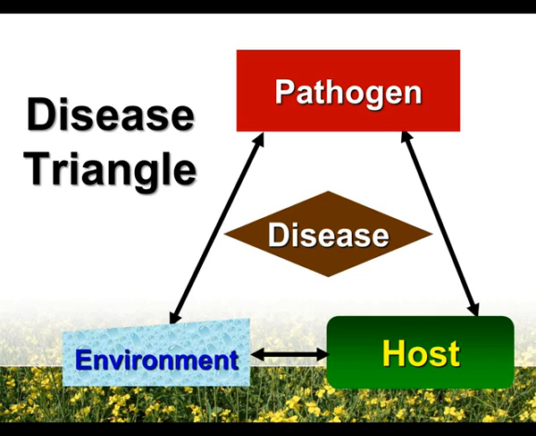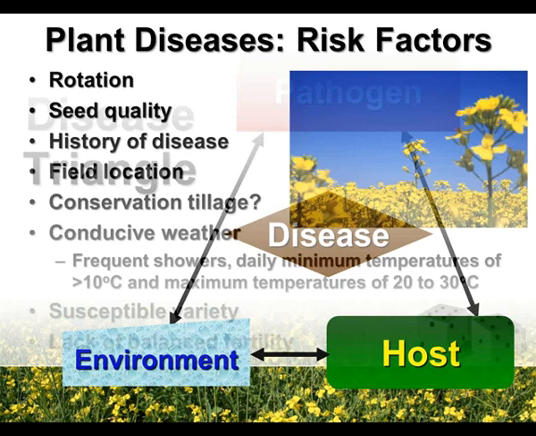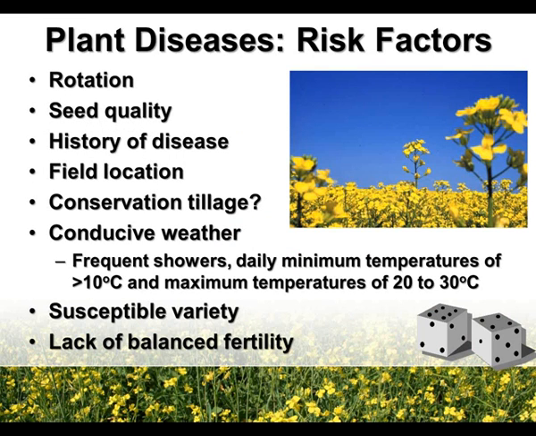When one or more of these components is less than ideal, you'll end up with a reduced level of disease. And the thing to keep in mind is that a producer really has the ability to manipulate one or more of these components.